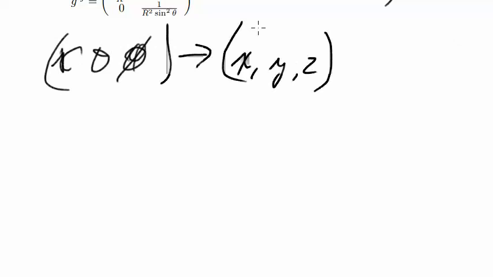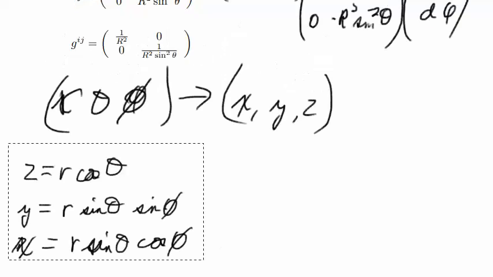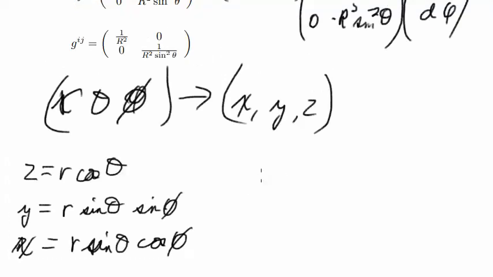Now that was these equations right here. So what if we wanted to have x, y, and z and convert it to r, theta, and phi? Well, for one thing, r would be the square root of x squared plus y squared plus z squared.